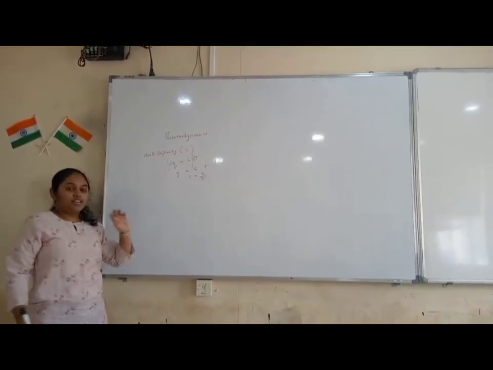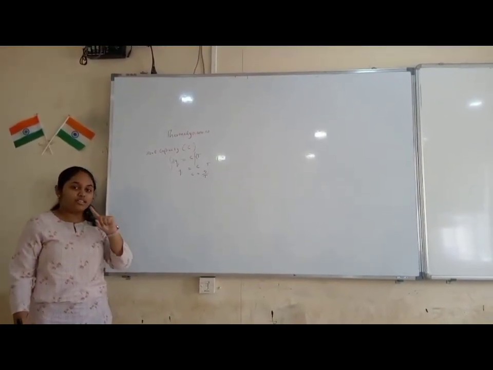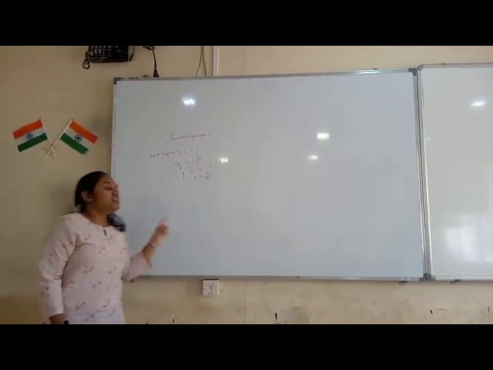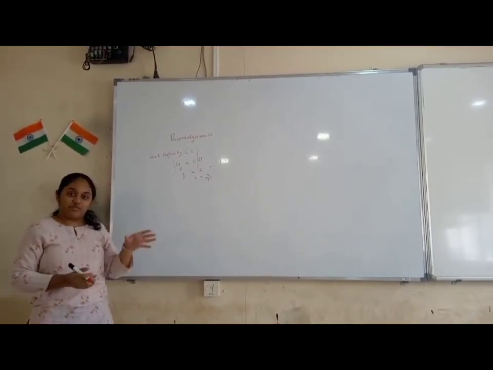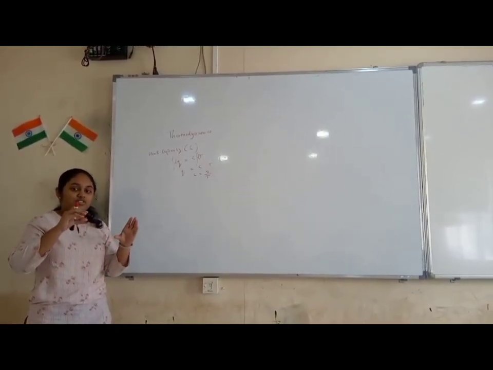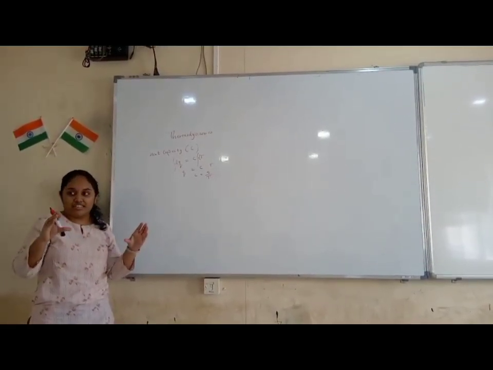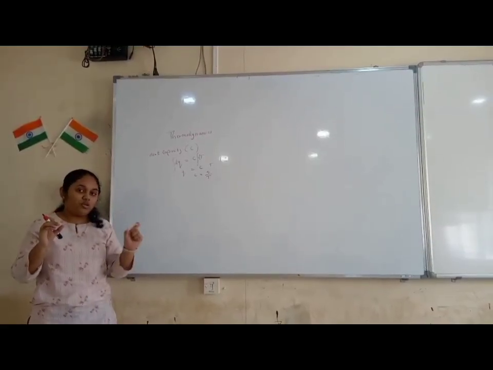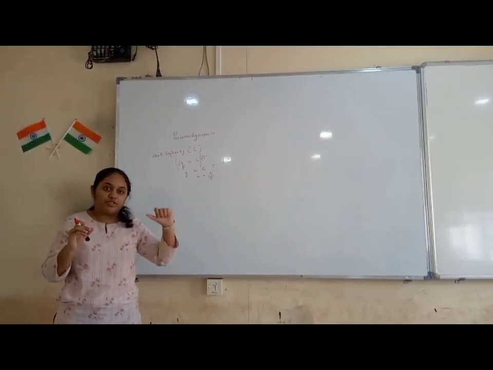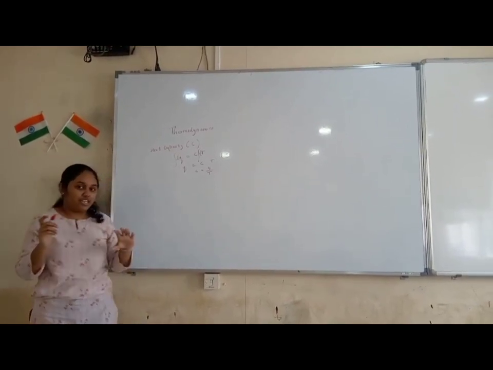So there are two types. One is specific heat capacity, another one is molar heat capacity. Specific heat capacity is for substances, meaning 1 gram of substance raised by 1 degree Celsius. How much heat is required to change that by 1 Kelvin or 1 degree is known as specific heat capacity.